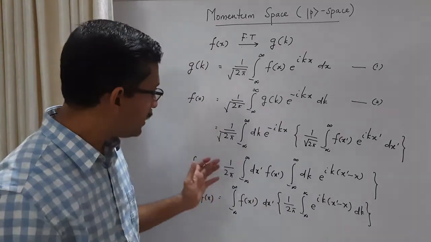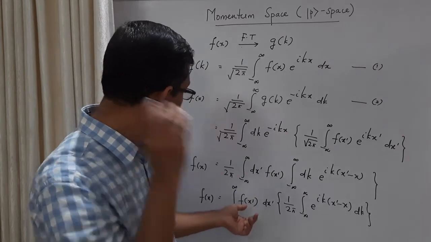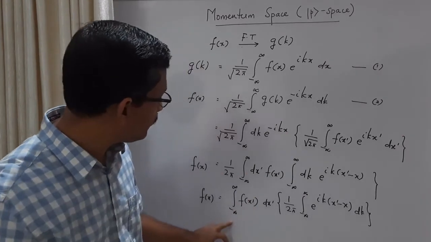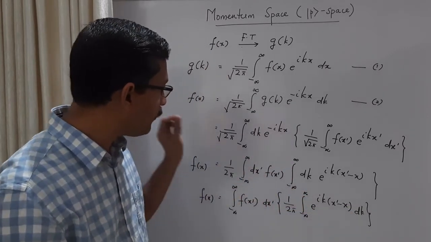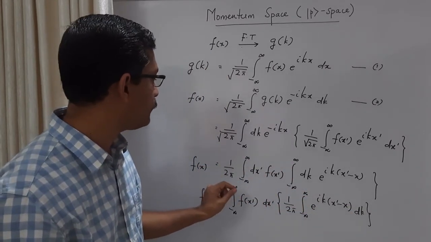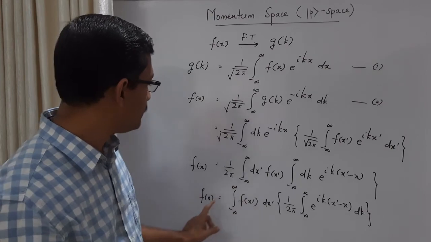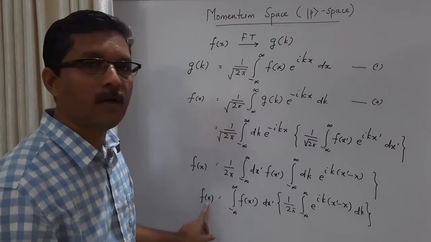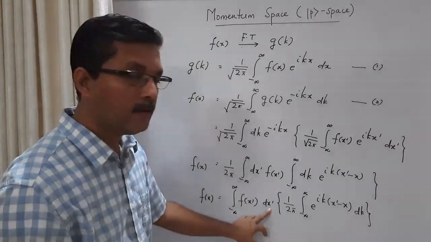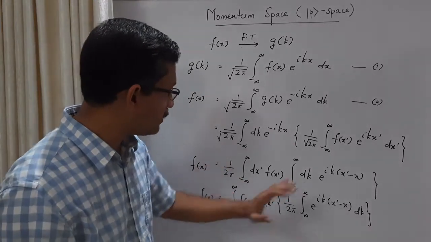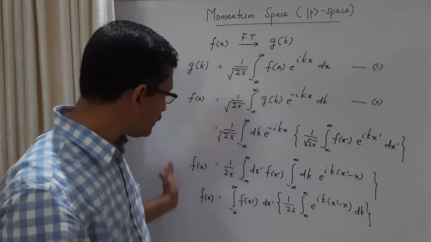So it's as if in this integration over x prime from minus infinity to plus infinity, this term picks out only one value of f of x prime, where x prime is equal to x. The integrating variable here is x prime. When you integrate this right hand side, the result is f of x.